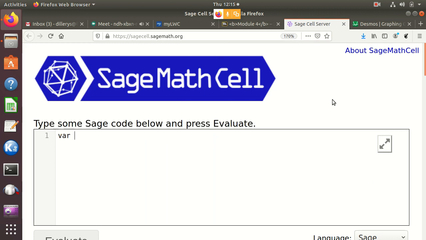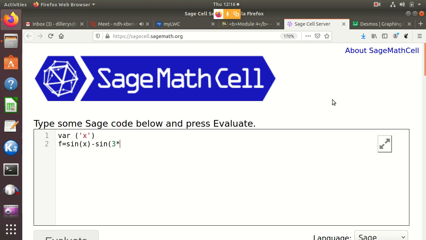So I say var, open parentheses, and a quotation mark x, like that. And f equals, and what's my sine of x? So here I have to be a little more careful about symbols. I actually need the parentheses around the sine of x, and then minus 1/3 sine of 3x.